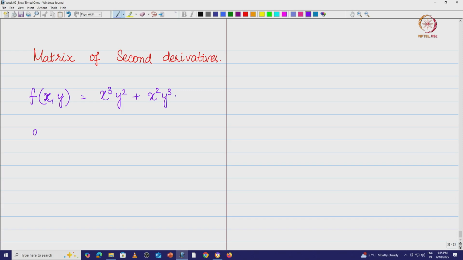Now, let us look at dou f by dou x. Dou f by dou x is 3x squared y squared plus 2xy cube, and dou f by dou y is 2x cube y plus 3x squared y squared, right. This is what we have.